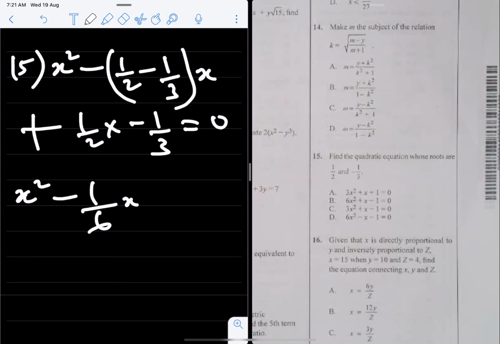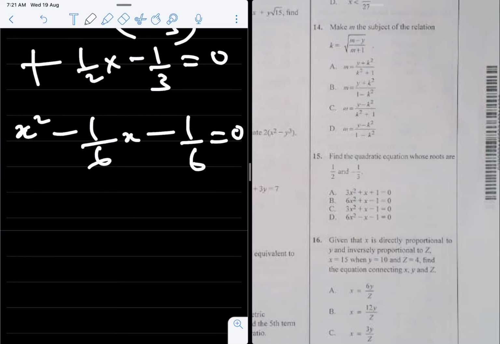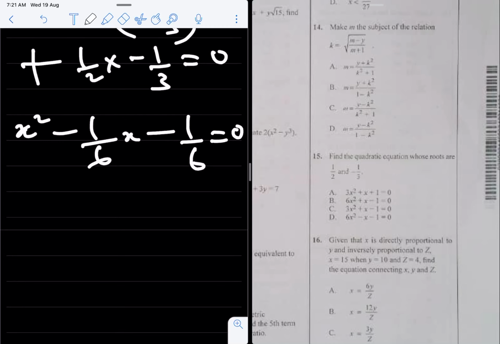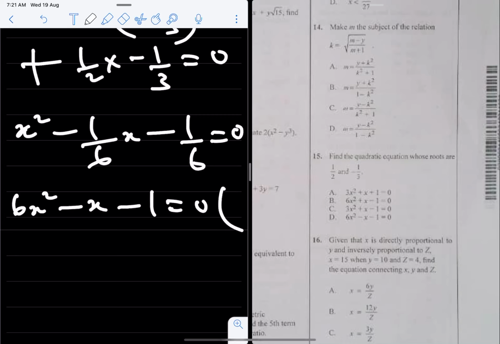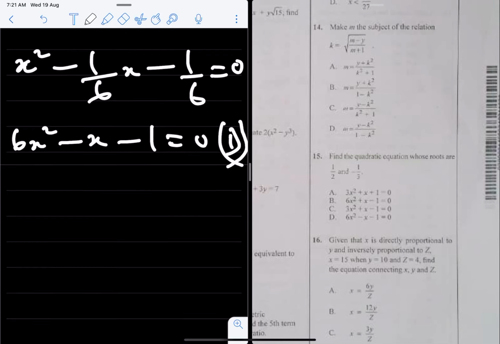So 1 over 6 x minus 1 over 6 equals 0. And that simply means if we multiply through by 6, we have 6x squared minus x minus 1 equals 0. That's the quadratic equation, and the correct option is D.